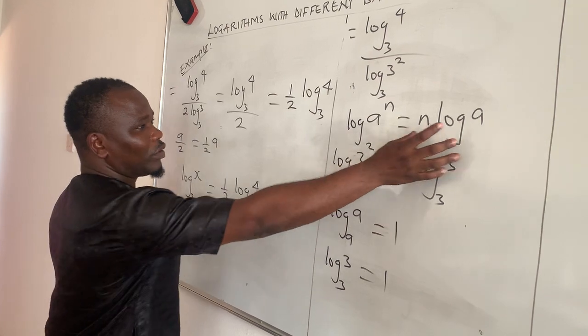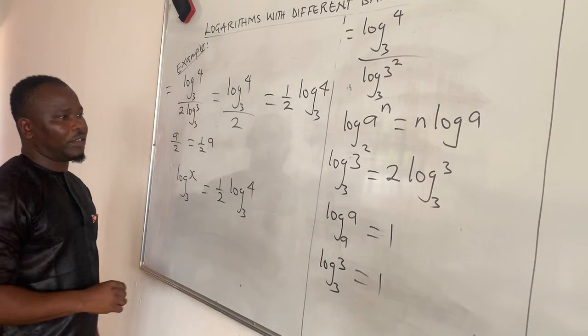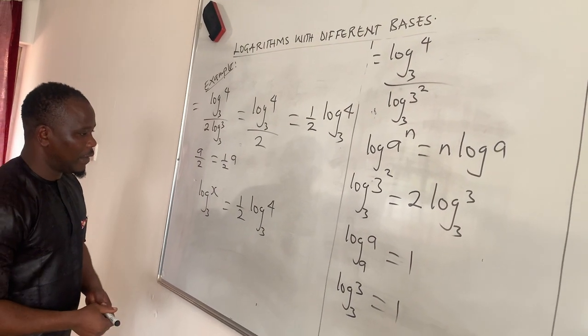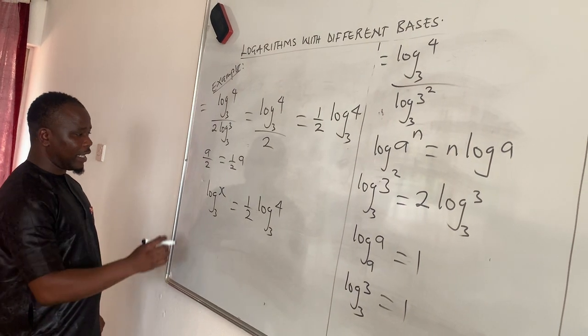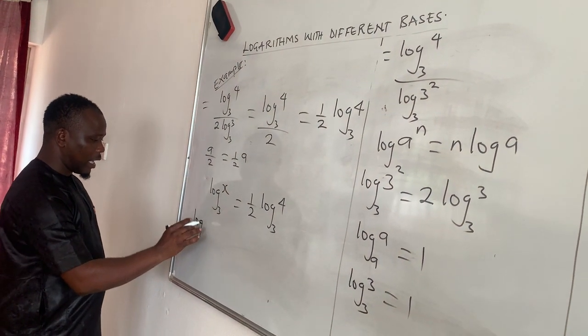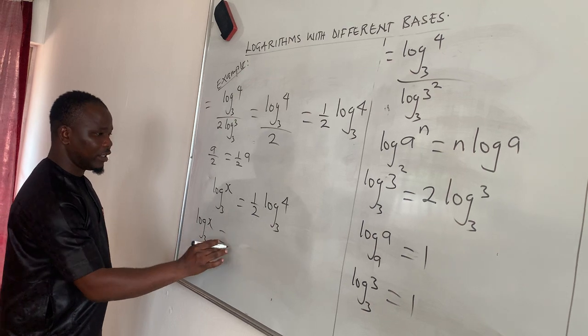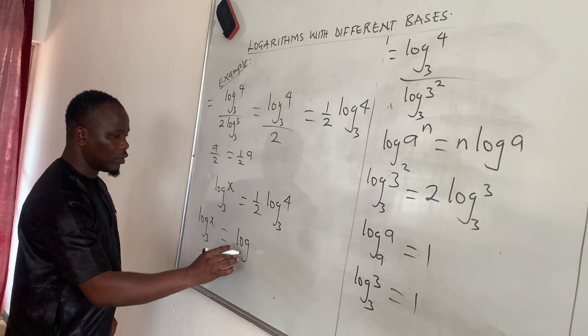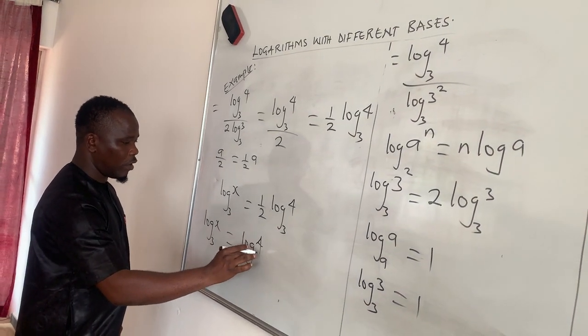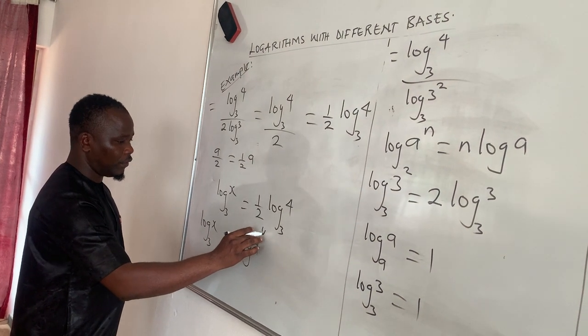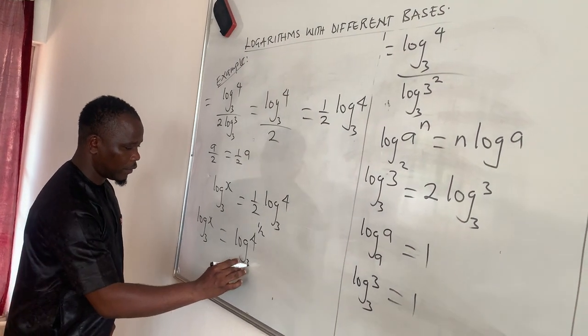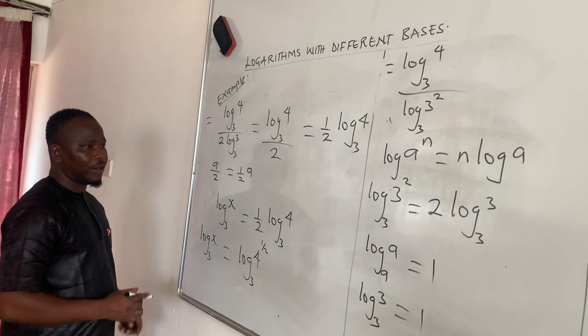So we can transform it by writing the right hand side: log x base 3 is equal to log 4 raised to the power of half base 3. Amen?